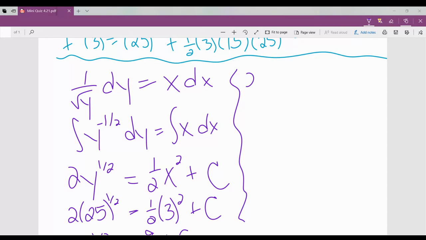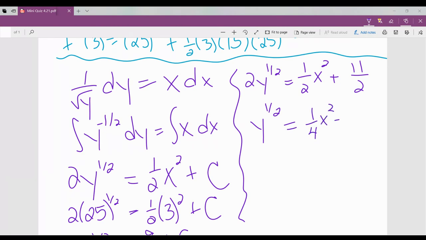So we've got 2y to the 1/2 equals 1/2 x squared plus 11 over 2, which is what I found c is. All right, now my last step, I want to solve for y. So I'm going to divide everything by 2, which is like multiplying by 1/2. So y to the 1/2 equals 1/4 x squared plus 11 over 4.